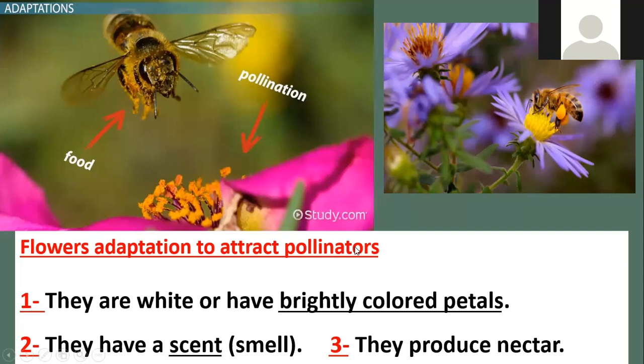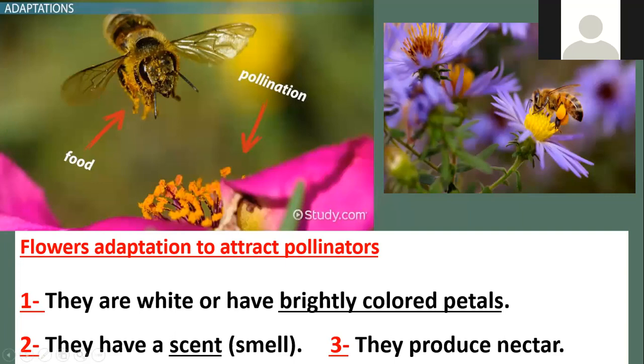Pollinators can be bees, bats, moths, birds, butterflies. And the adaptations of flowers, you have to save them very well, as they are a very, very important part of our lesson. So number one, flowers have very bright colors.